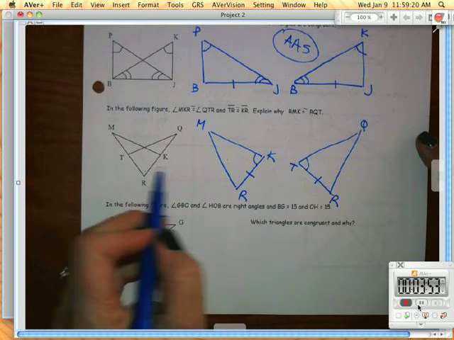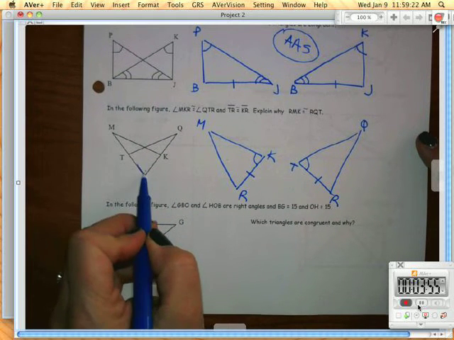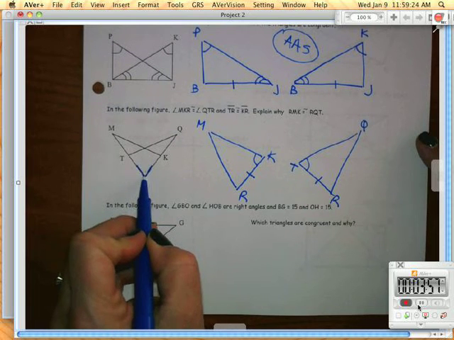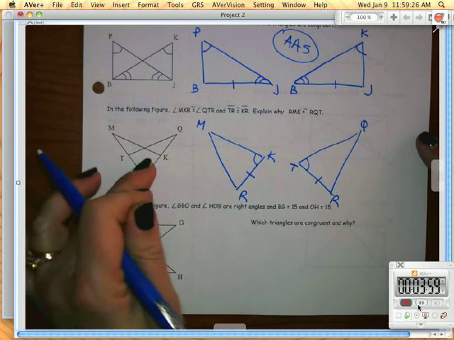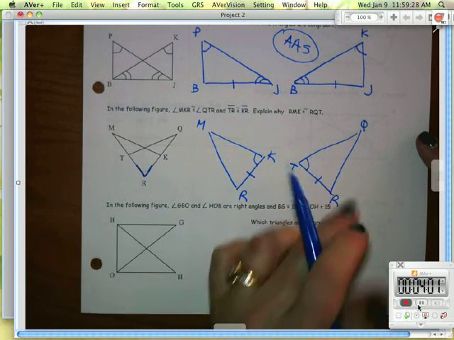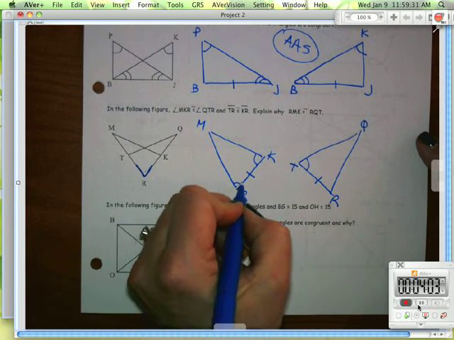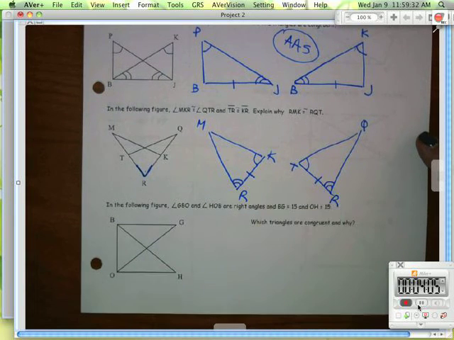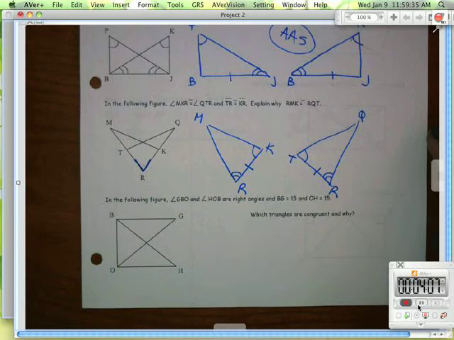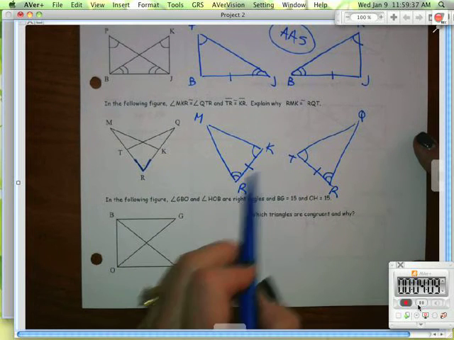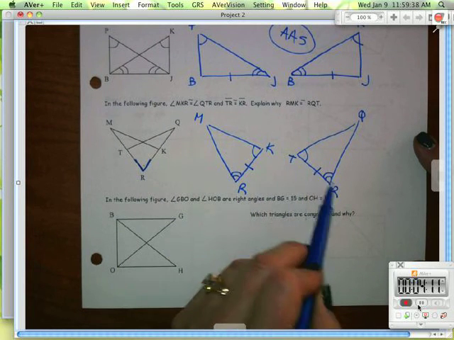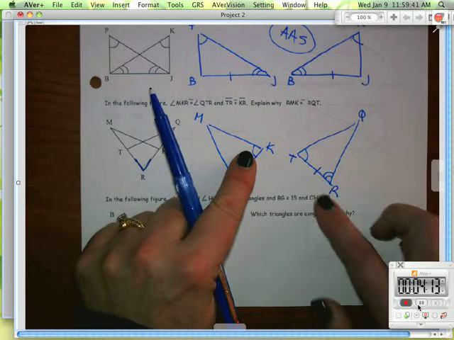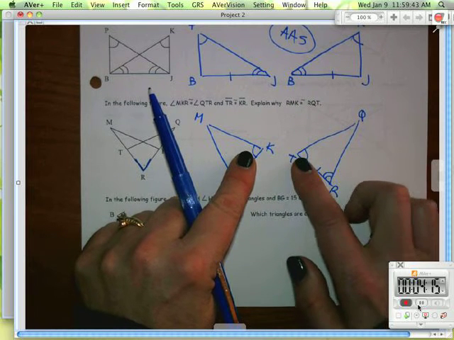And if you look in the picture here, you see angle R here? Well, no matter what, if I put it in the first triangle or if I put it in the second triangle, it's still going to be congruent to itself. So I can mark that as well. All right? Now I can say RMK is congruent to RQT because of angle, side, angle.